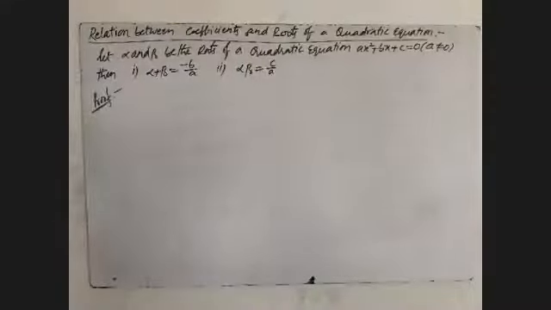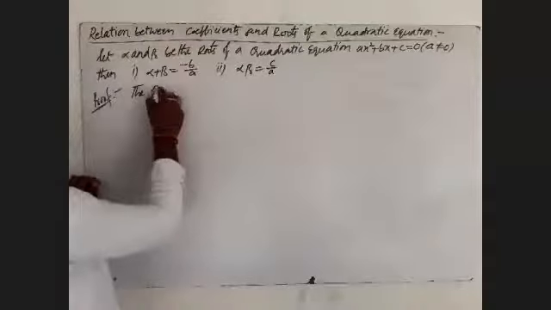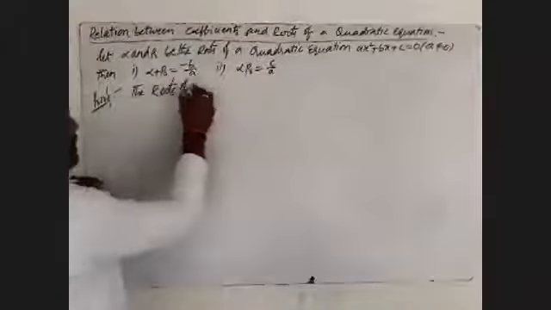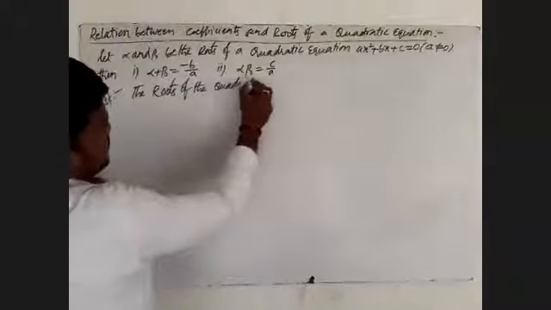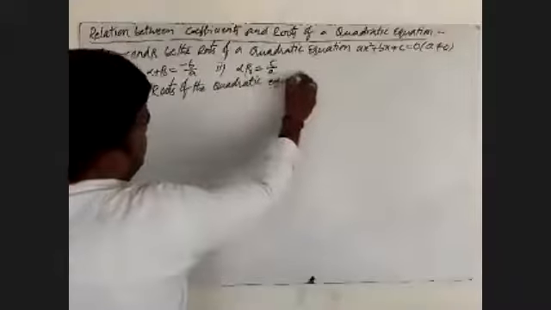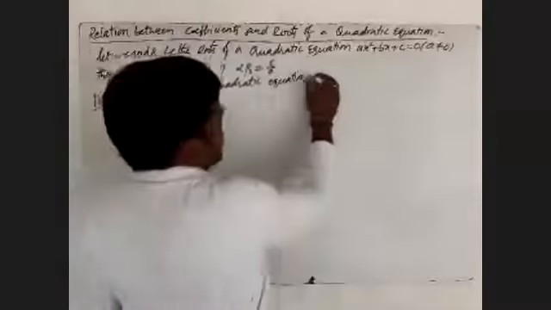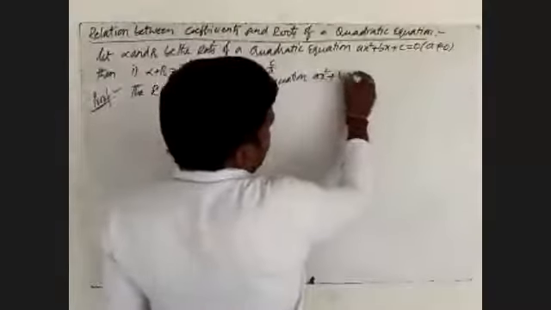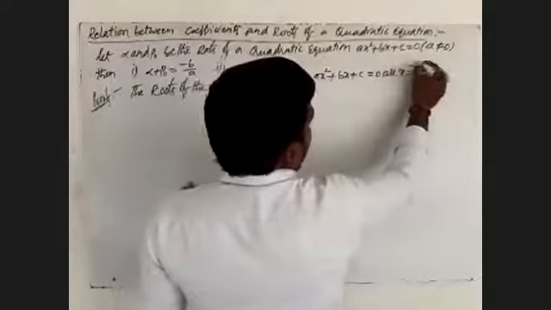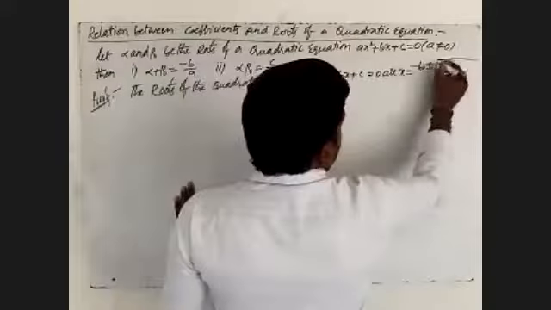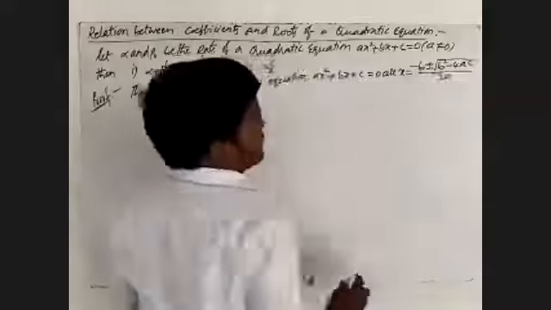The roots of the quadratic equation ax square plus bx plus c equal to 0 are x is equal to minus b plus or minus root of b square minus 4ac, by 2a.